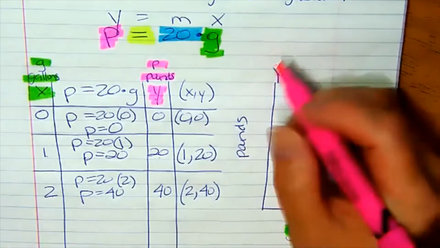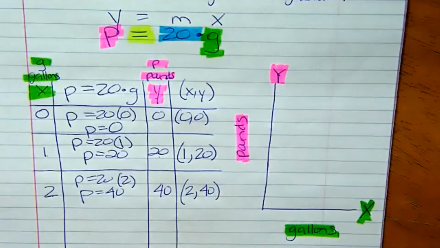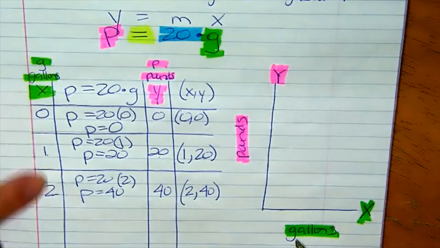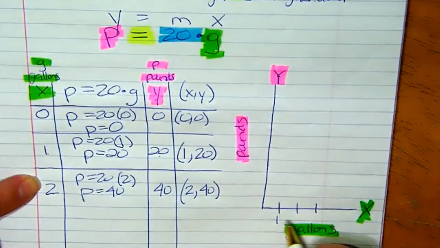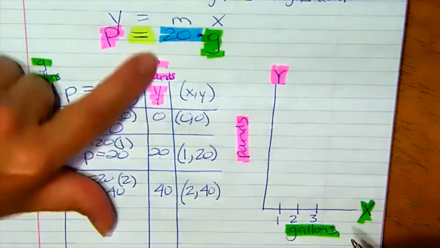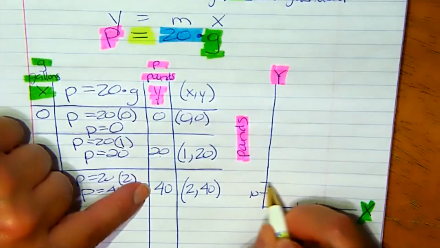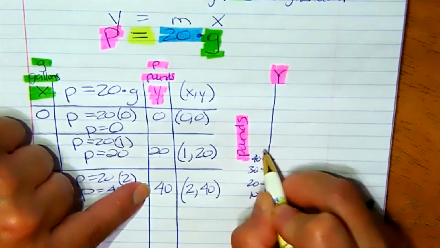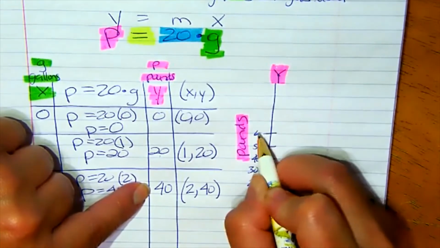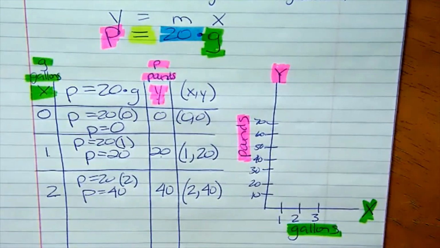Y is pounds. So looking at my scale, I'm going to use a scale of 1 for gallons. And looking at pounds, I should probably use a scale of 10. Now I'm going to plot these.